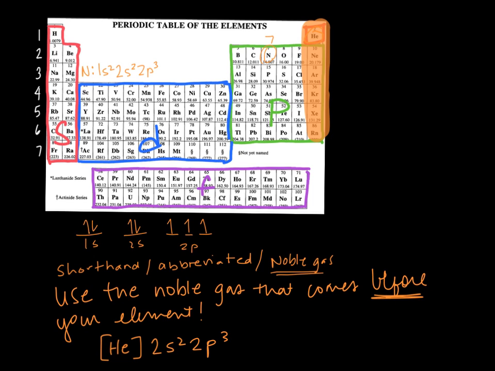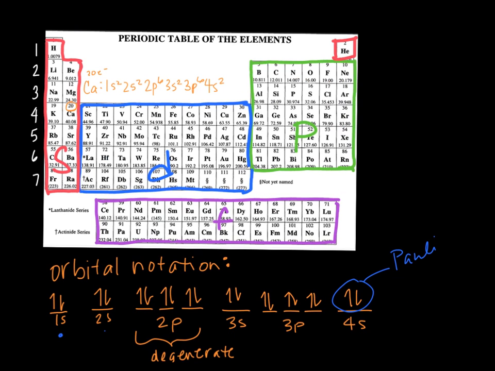So if we go back to this page, then we can write the shorthand configuration for calcium. If we're doing this for calcium, which noble gas will we use? We're going to use the one that comes before it, so we're going to use argon.